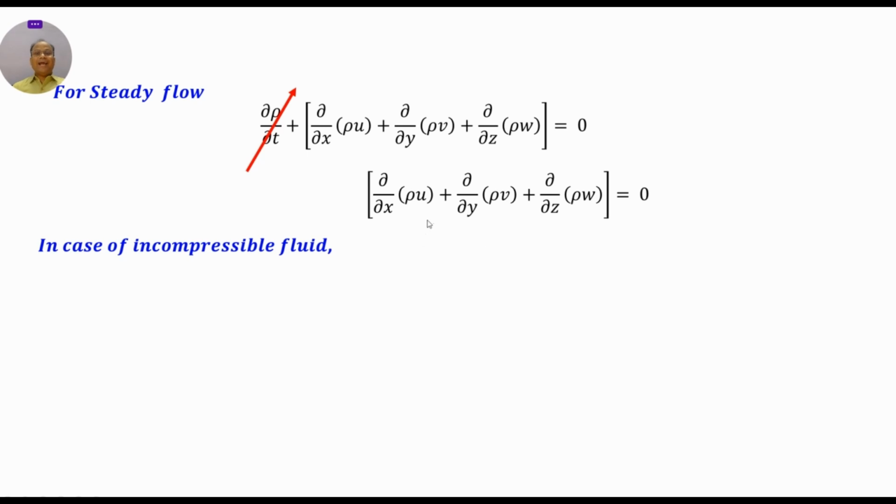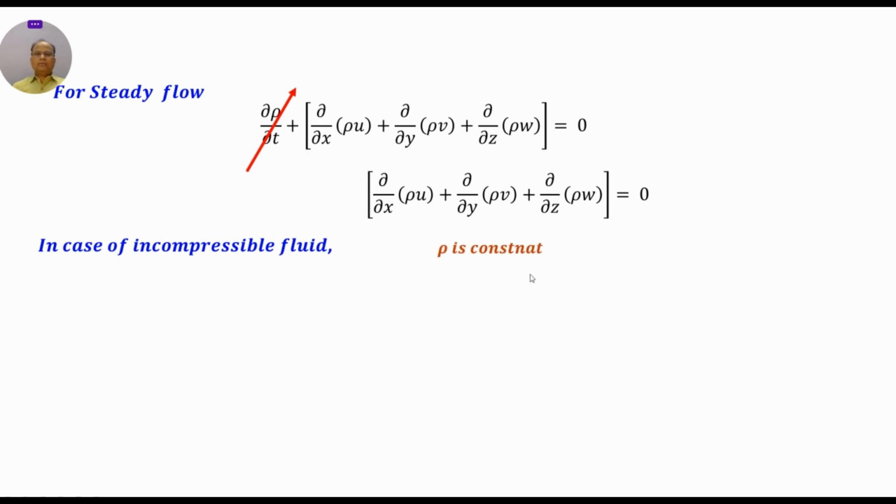Now if we add one more condition along with steady state flow, that the fluid is incompressible in nature, we know that in the case of incompressible fluid the density is constant.